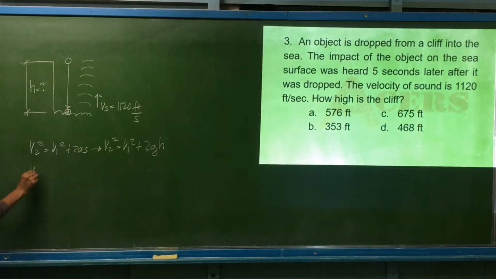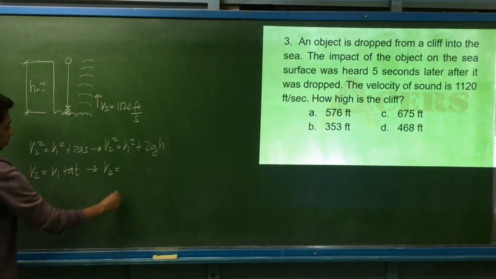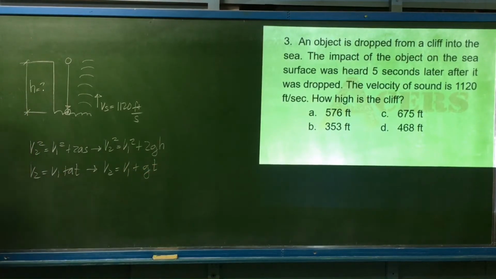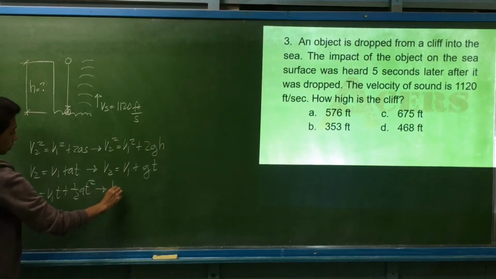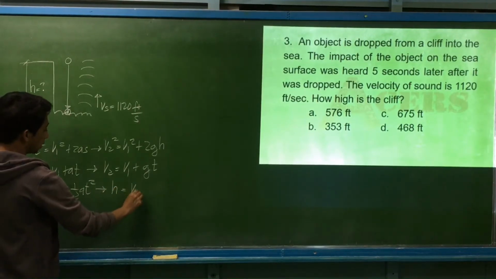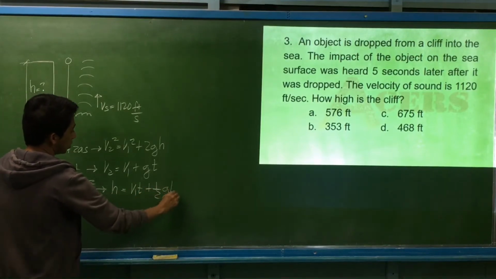So we have v2 equal to v1 plus acceleration times time. Equivalent here, we have v2 equal to v1 plus acceleration due to gravity times the time. Then s equal to v1t plus 1/2 at squared. Here we are using vertical distance height h equal to initial velocity times time plus 1/2 gt squared.